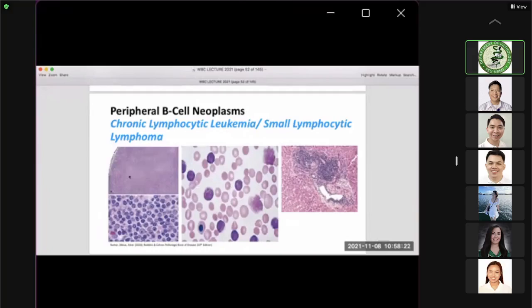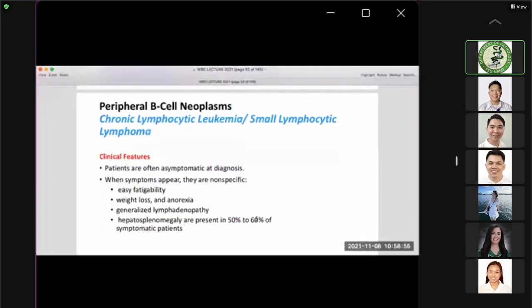There is already effacement of the generalized lymphadenopathy, patients, who are symptomatic.